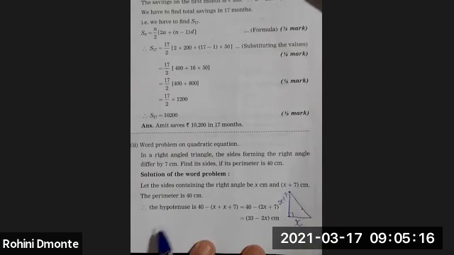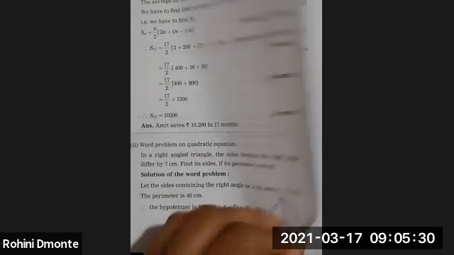Understood? So the hypotenuse is 40 minus the addition of these two sides, x plus x plus 7, and that is nothing but 33 minus 2x centimeters.